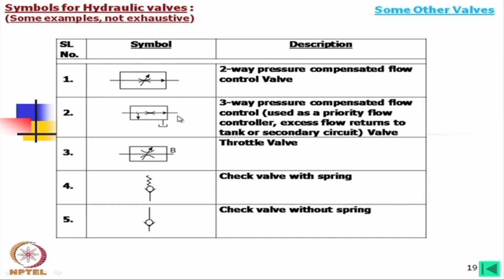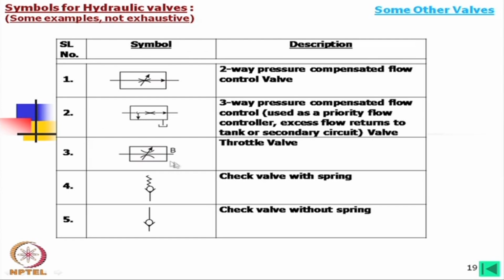Throttle valve and flow control valve have almost the same function, but in the case of a throttle valve, it is simply a flow restrictor. So, that is called a throttle valve, whereas in a flow control valve, there is some device, the control is there and the excess flow will go to the tank from that valve.